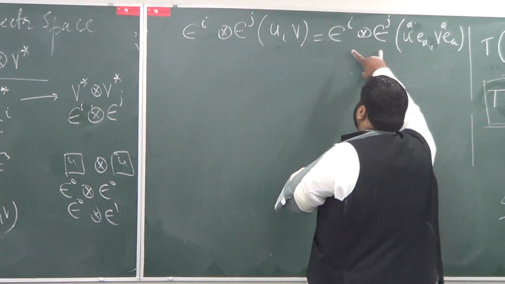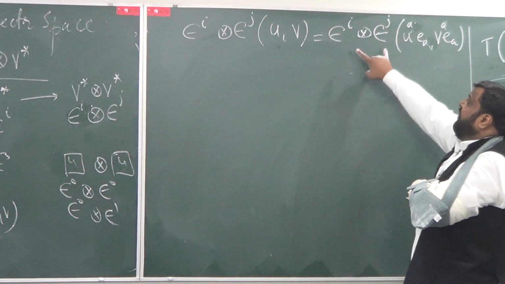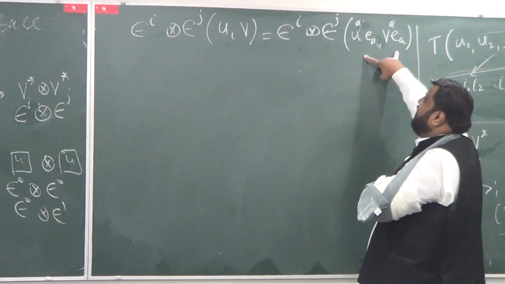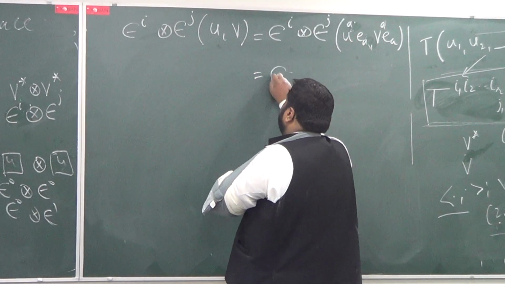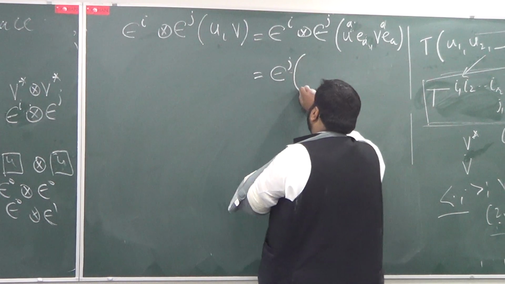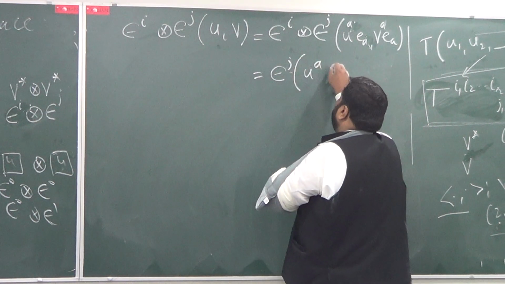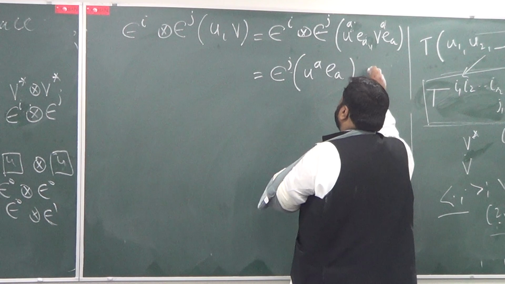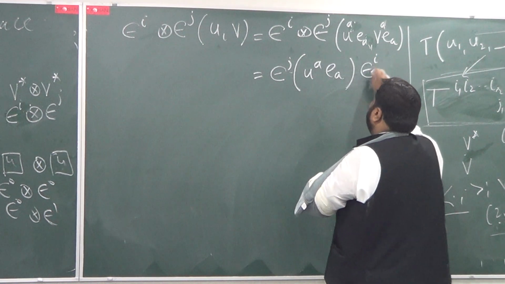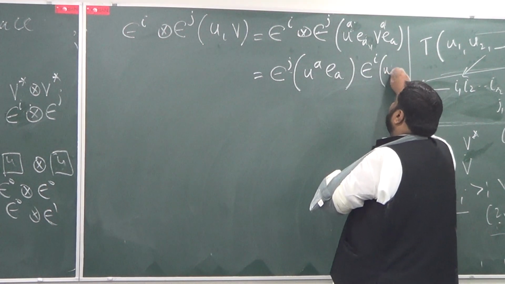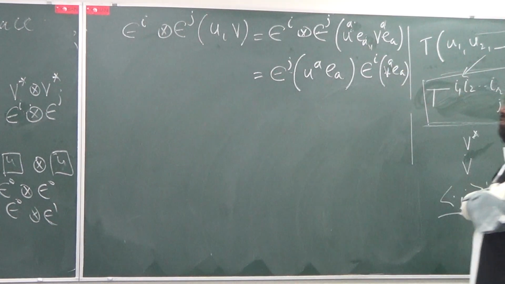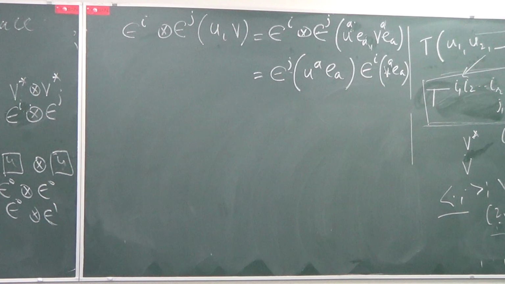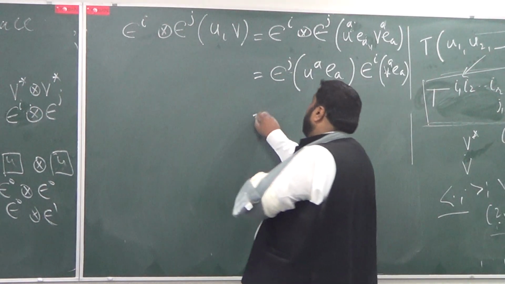When you are operating this onto an ordered pair, the definition tells me you need to take epsilon i and operate it on u^a e_a, multiplied by epsilon j operated on v^b e_b.